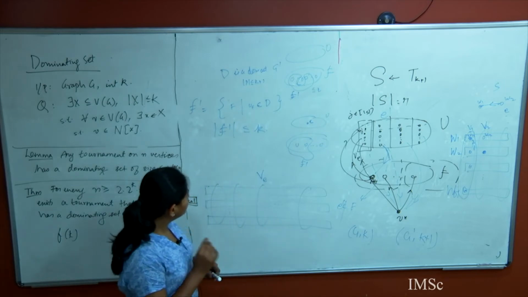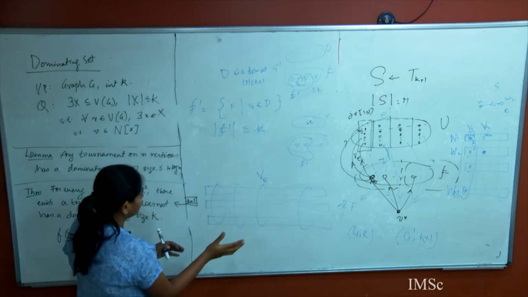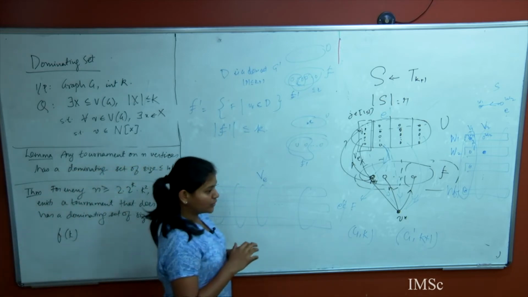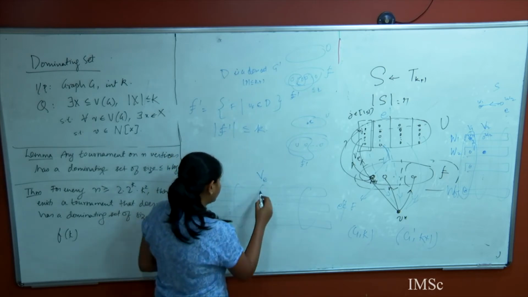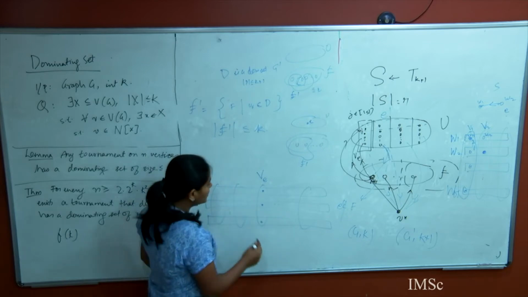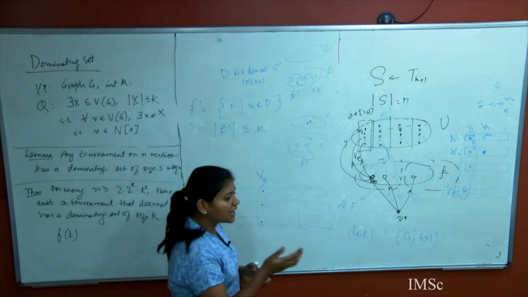And now let us see, this has at least this many elements, but what do we know? If you look at this part, let us pick one vertex from each of the rows. If you take this, then look at the graph induced on it.